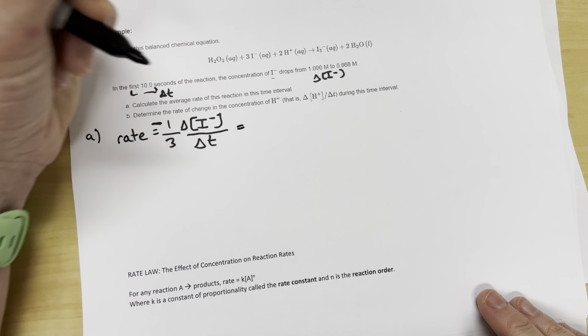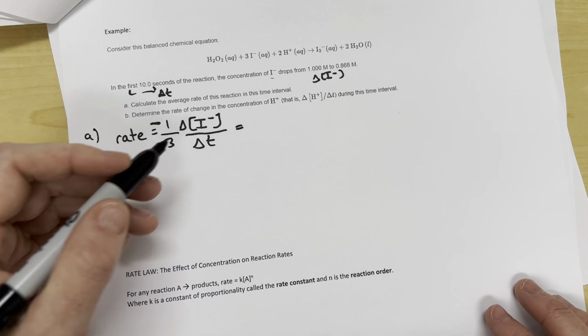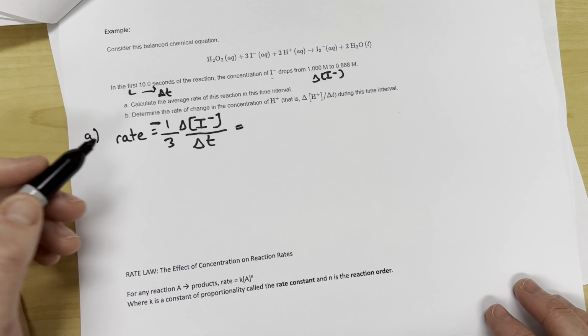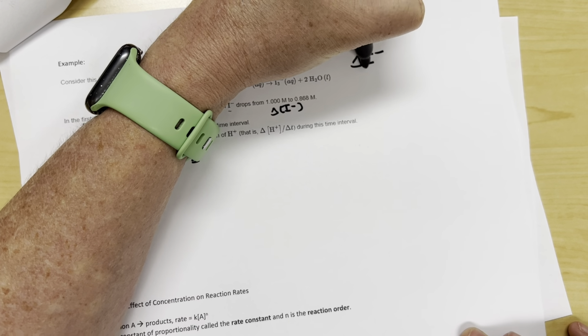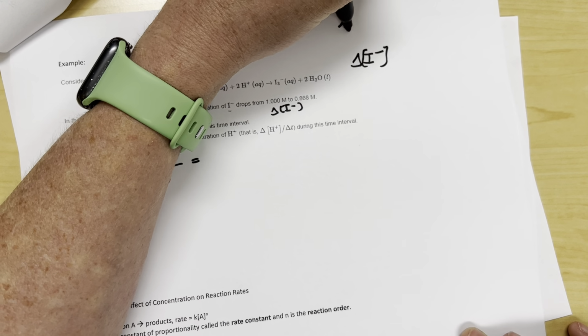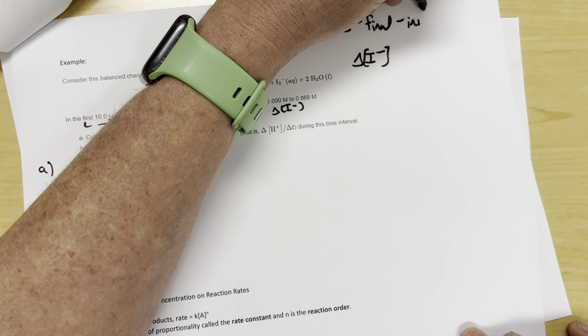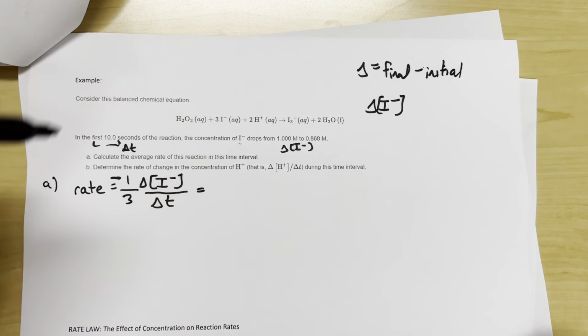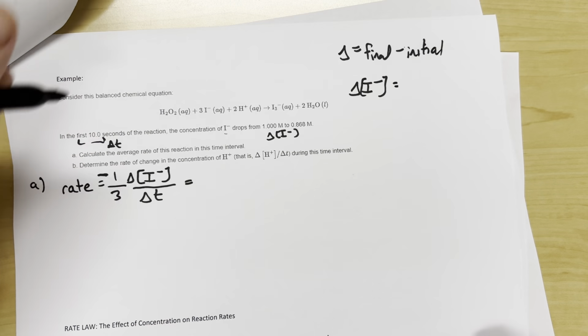All right. If we go ahead and plug some of these numbers in, anytime we have a delta, it's always delta equals final minus initial. Always. So our delta I- equals our final concentration.